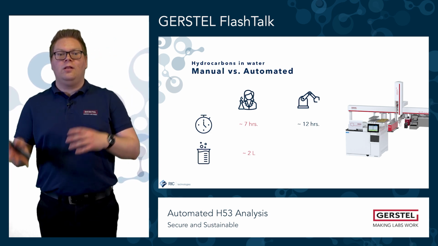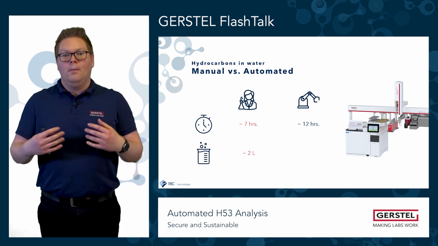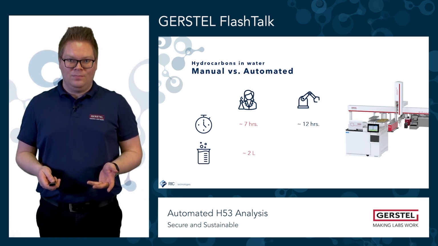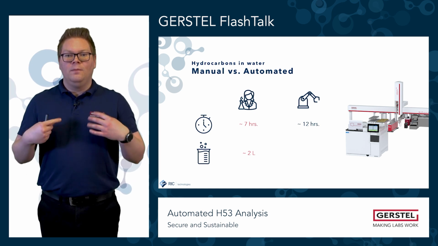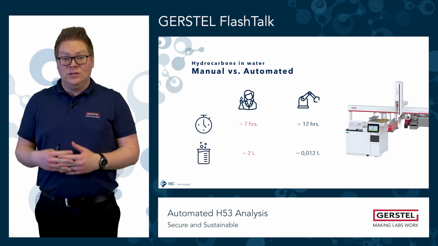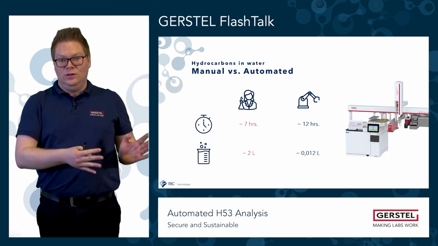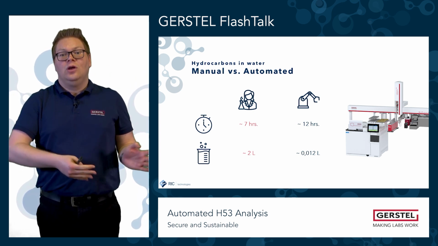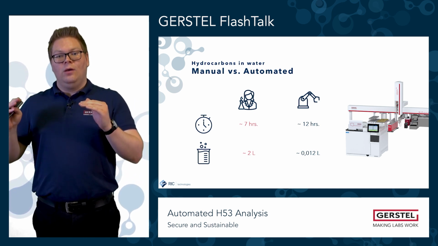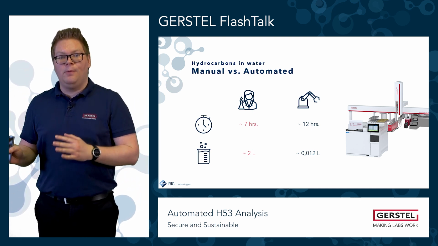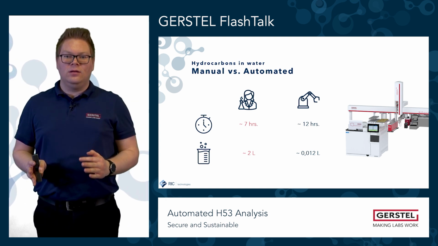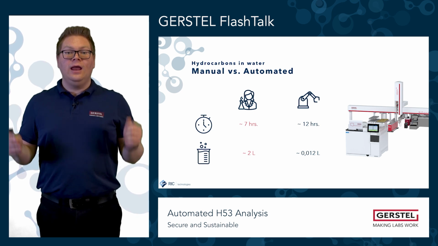It's more compared to the manual procedure, but the MPS works 24/7. The main advantage is that the amount of hexane is reduced from 2 liters using the manual procedure to 0.012 liters using the automated sample preparation. And therefore, the automated method is greener and safer.